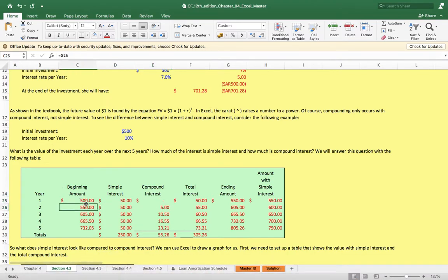But second year, your beginning amount is equal to the ending amount of the first year. The ending amount of the first year is equal to beginning amount of the second year.